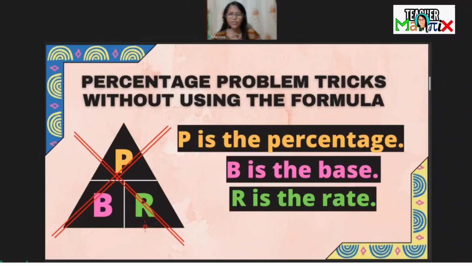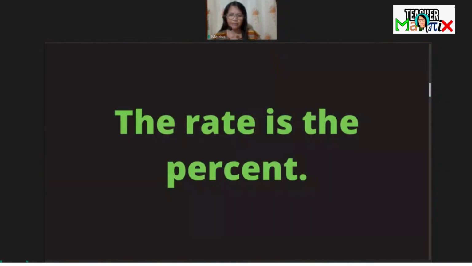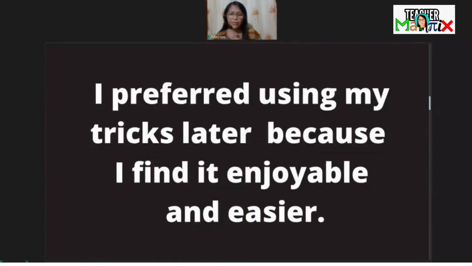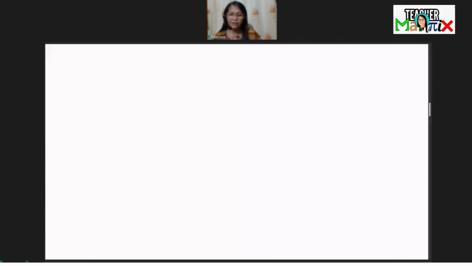With this green colored, where R is the rate. The rate is the percent. Using the formula takes more time and energy. So I preferred using my tricks later because I find it enjoyable and easier.